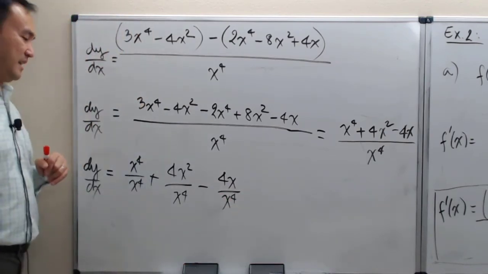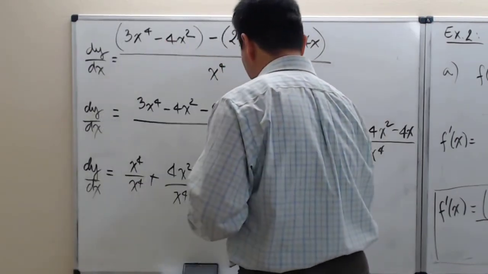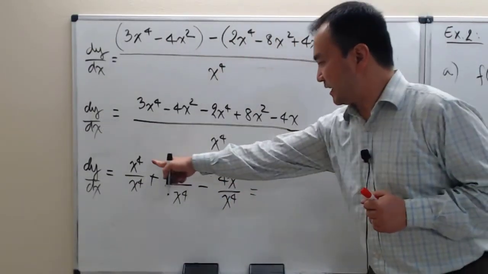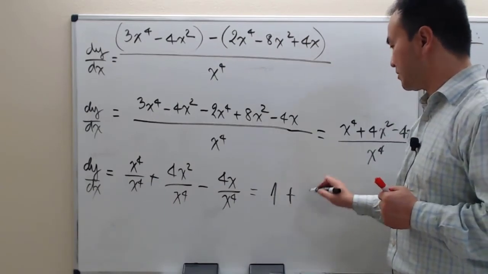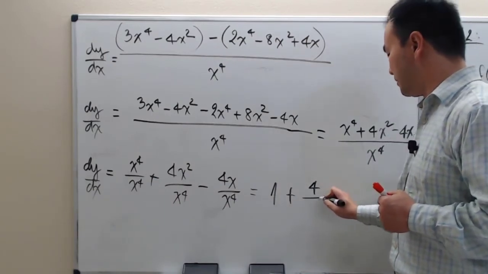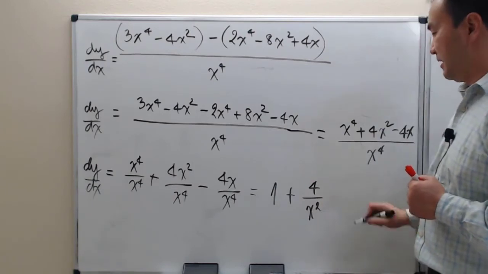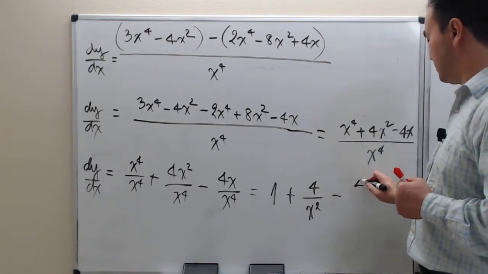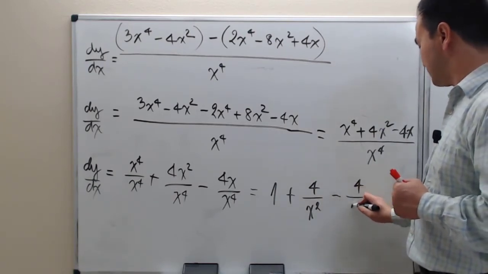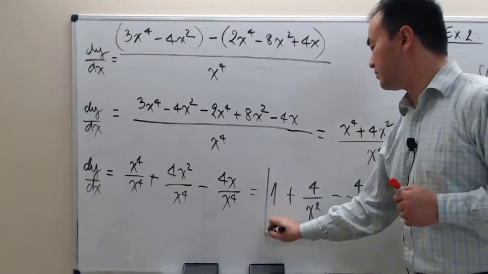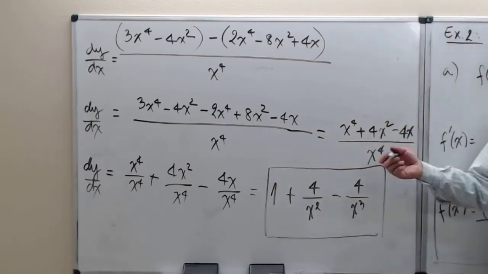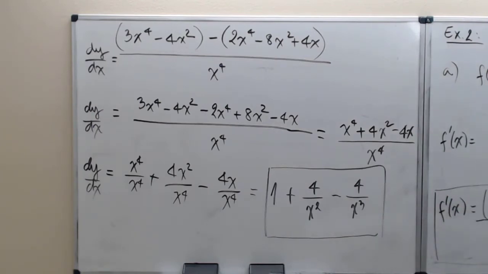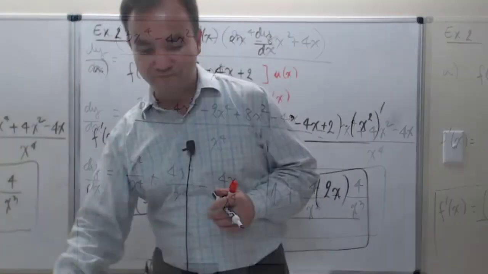All right, and now x to the fourth cancels with x to the fourth and is a 1, and now plus 4 over x squared and minus 4 over x cubed. So this answer does look like the answer we had using the other technique before we applied the quotient rule.